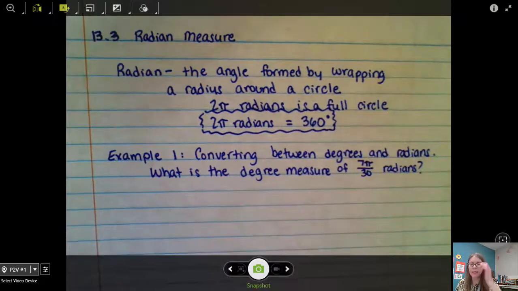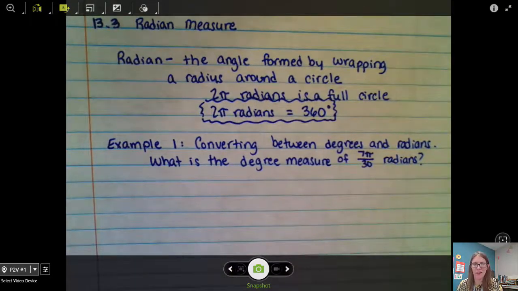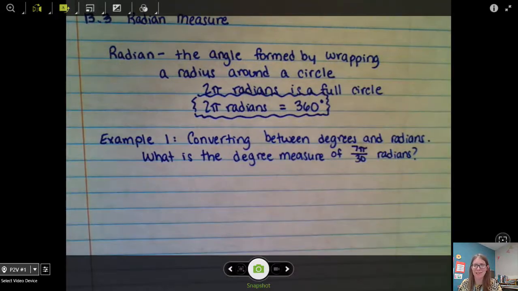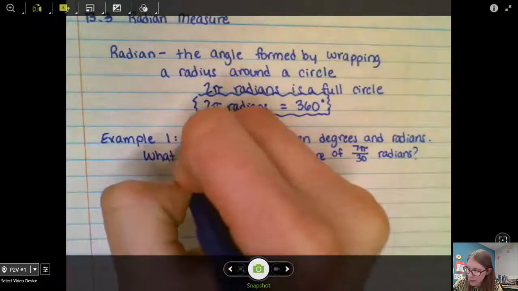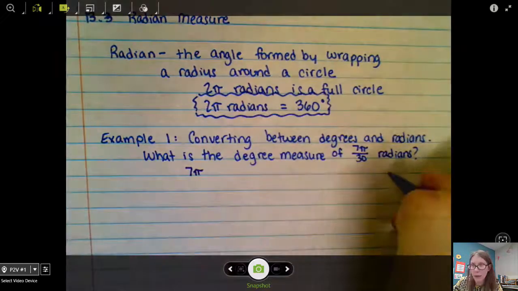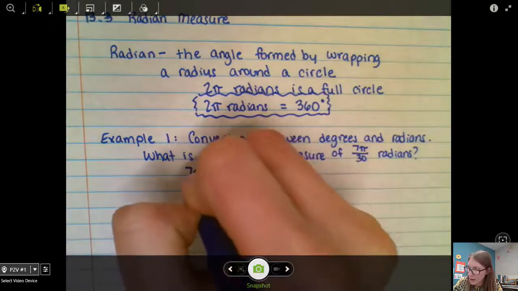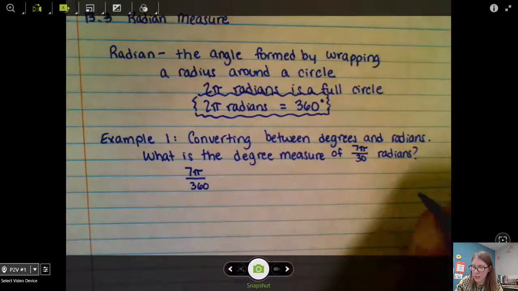Okay. So that's a pretty strange measurement right now. 7 pi over 30 radians? Well, 2 pi radians is a full circle. That's 360 degrees. Well, how are we going to figure out how many degrees that is? What we want to do is we want to start off with our radian measure, what we know, 7 pi over 30.